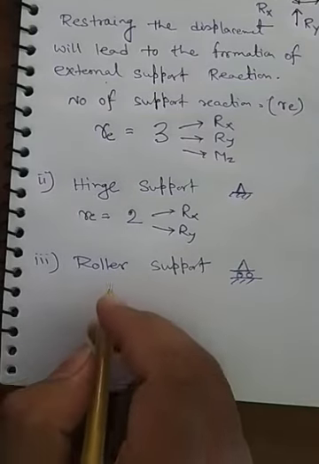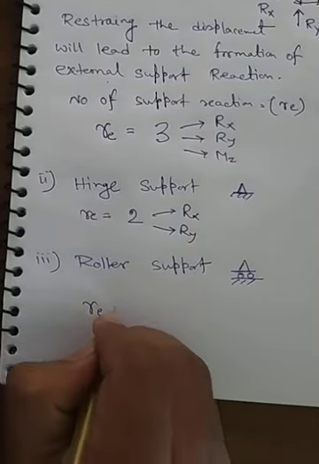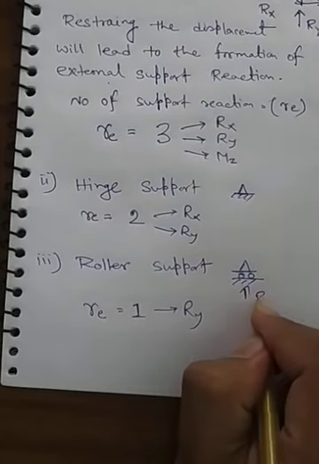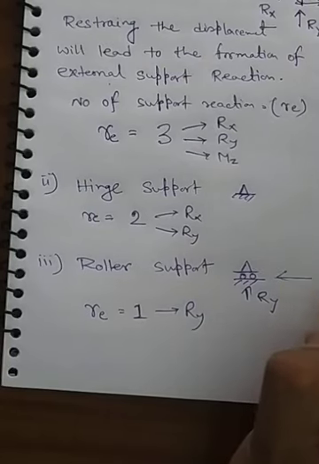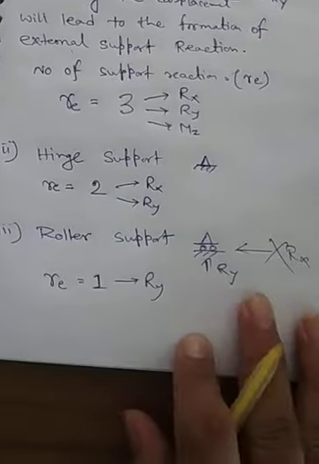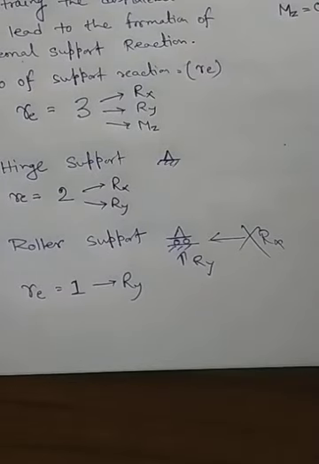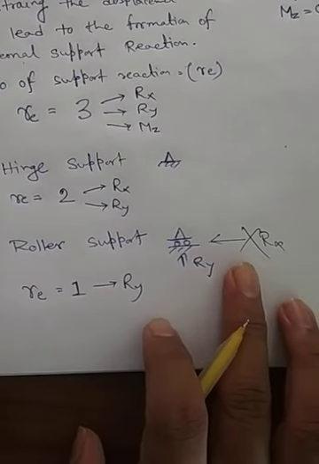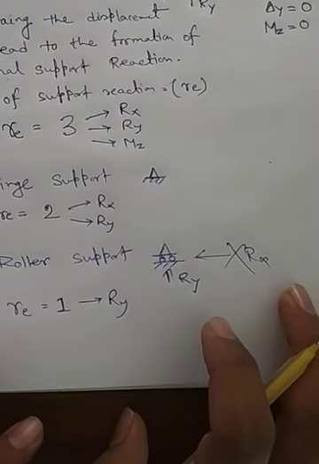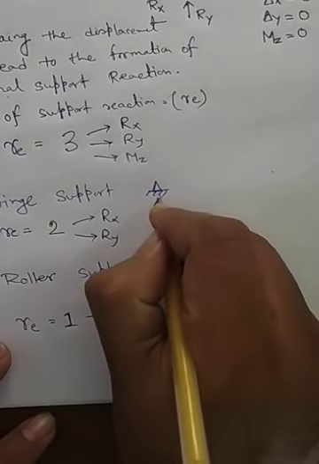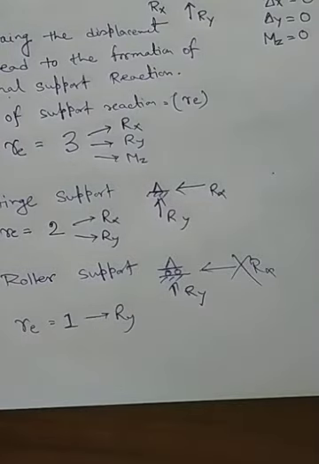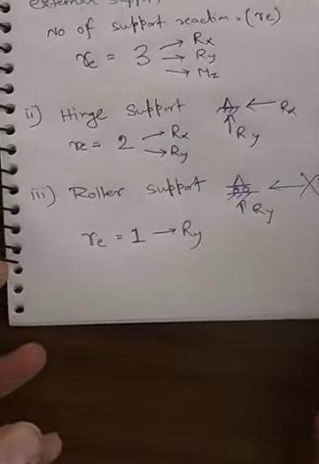In roller support the number of support reactions is only 1, and this is only Ry, as Rx does not happen. If you give any horizontal load, this is a roller, so it can't withstand any horizontal loading. In the hinge case, it has Ry and Rx; it can withstand vertical as well as horizontal forces.